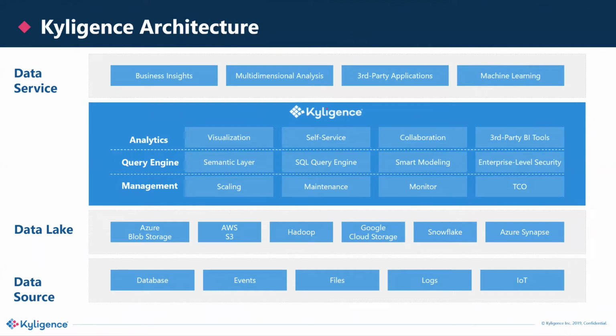For the query engine, we add a smart modeling tool, enterprise grade security, and the semantic layer, where you can create data governance, and then visualization, self-service, collaboration, third-party tool access, and allowing the data to go to the data service layer via multidimensional query, REST APIs, and also exposing to third-party and machine learning.